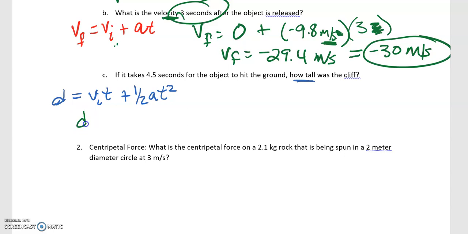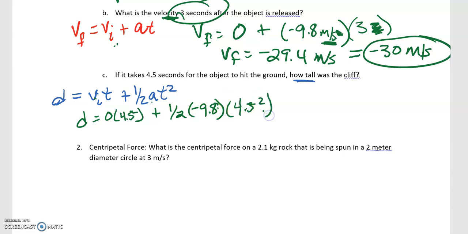So if we start plugging in the values that we know, my initial velocity from above I know is 0. My time is 4.5. Acceleration due to gravity is negative 9.8. And then my time again is 4.5, and that value is squared.